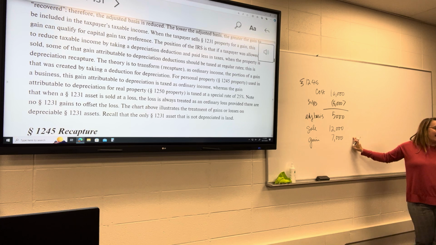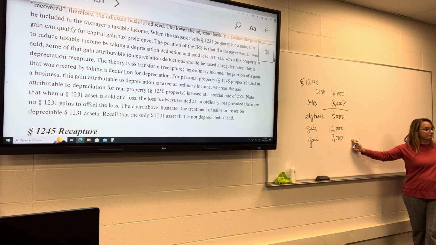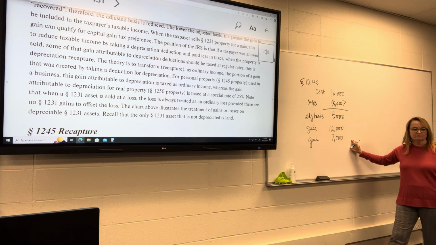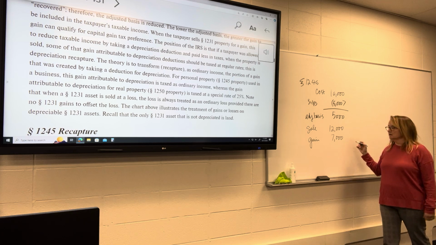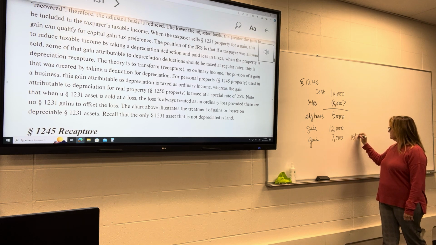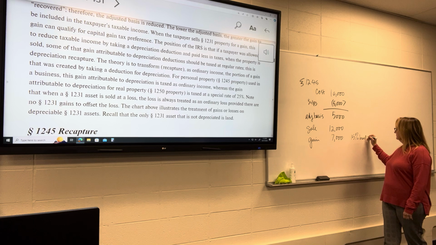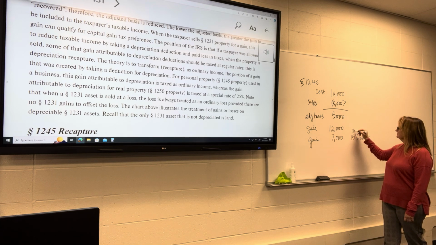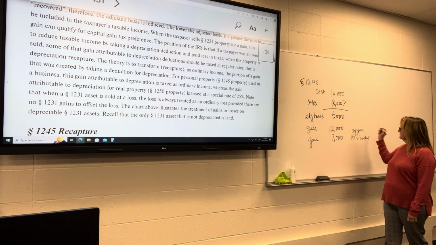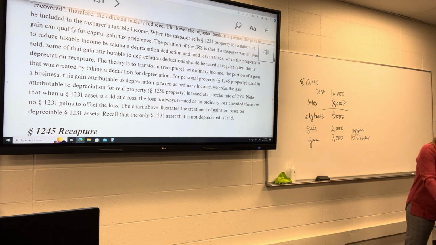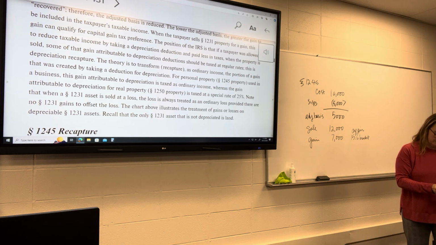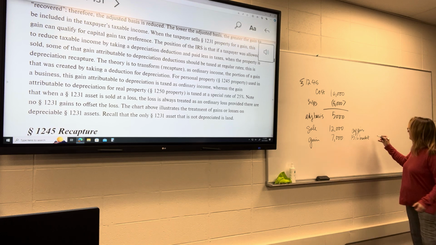If that was all capital gain, and we got the preferential tax treatment for it, maybe we're in the 15% tax bracket for capital gains. So 7,000 times 15%, 1,050.